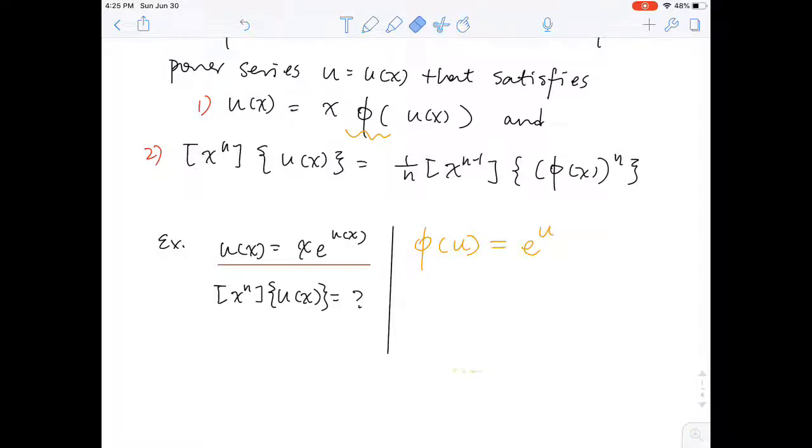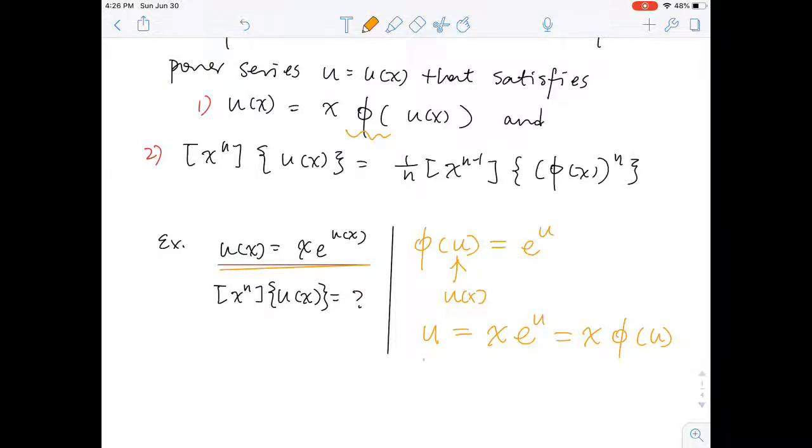Alright, so phi(u) equals e to the power of u. And why would this work? If we substitute U(x) as u, then from the red equation we will see that u equals x times e to the power of u. And we can rewrite this as x times phi(u), because this is how we define phi.